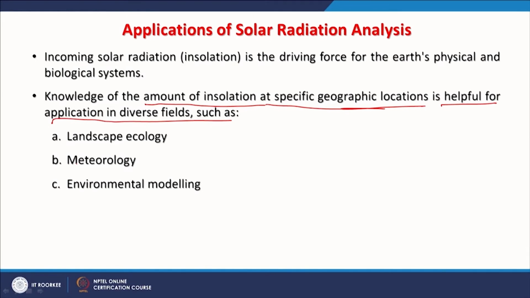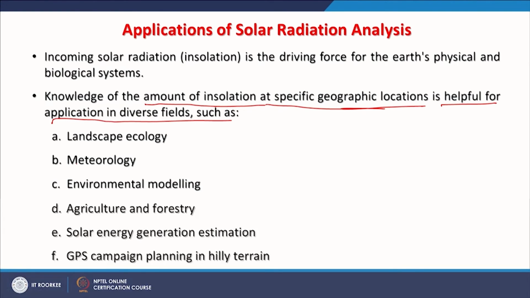So, the applications are in landscape ecology, in meteorology, even in agriculture, because agricultural practices require sun. If somebody is developing a farm in a hilly terrain where topography can create hindrance, then that modeling can also be done.